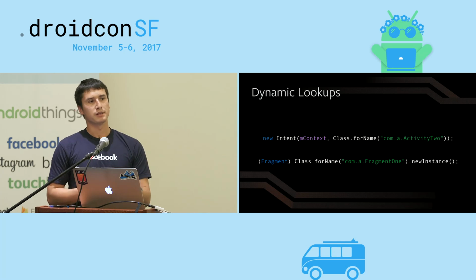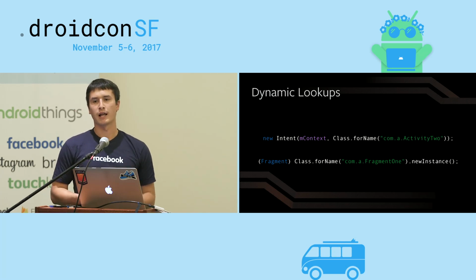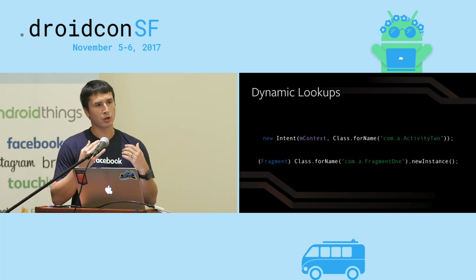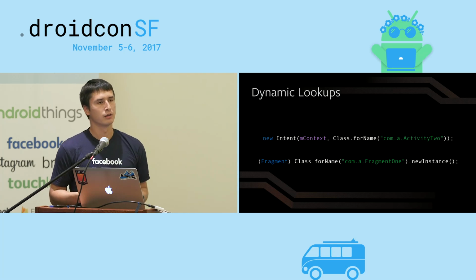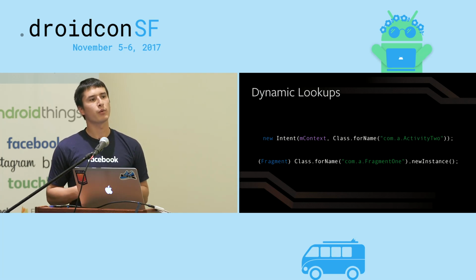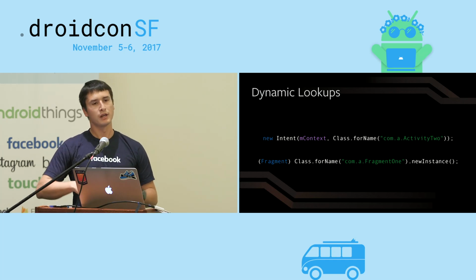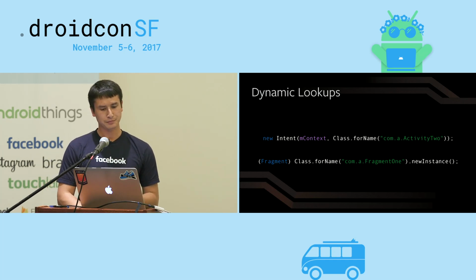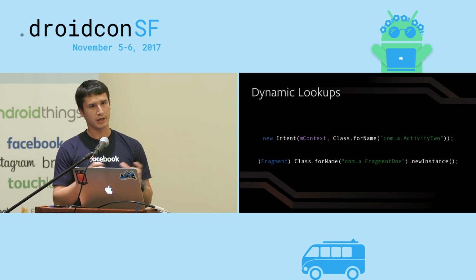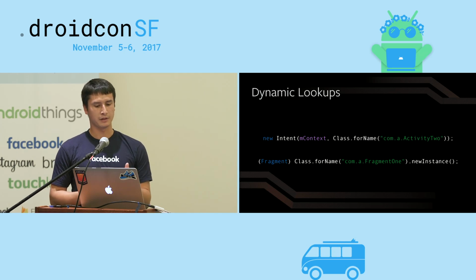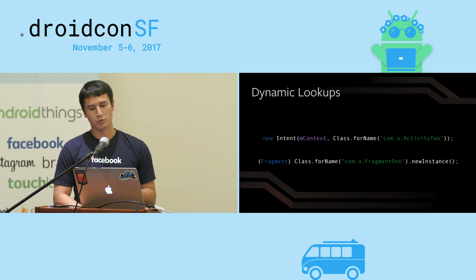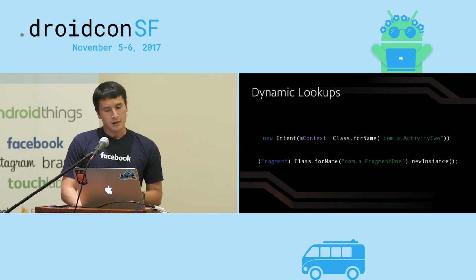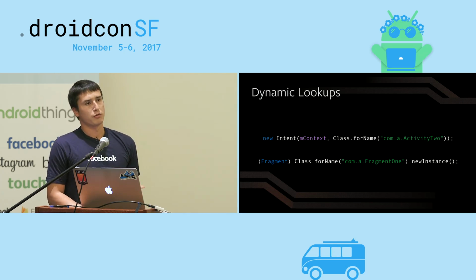Doing this dynamically means that we get a fresh version of the class every time by going back to the class loader and saying, hey, give me the definition of this class. That way the class loader can say, oh, I have a new definition for the class. Let me give it to you. It also allows us to break up these individual classes into multiple DEX files, which will be important. This is kind of awkward, though, because now you're stuck with reflection.